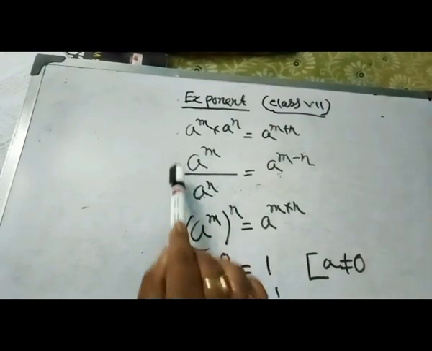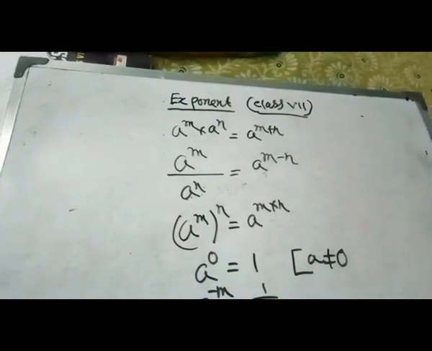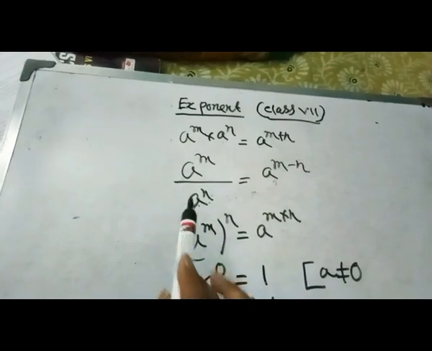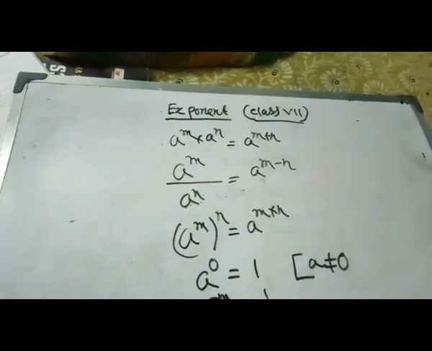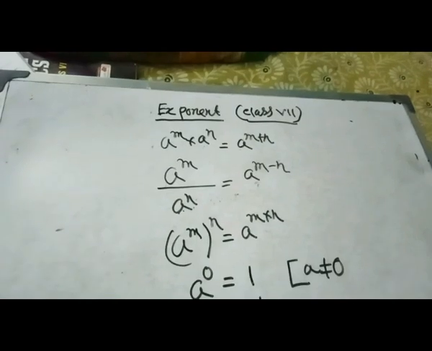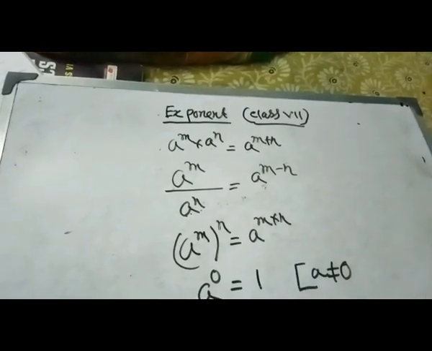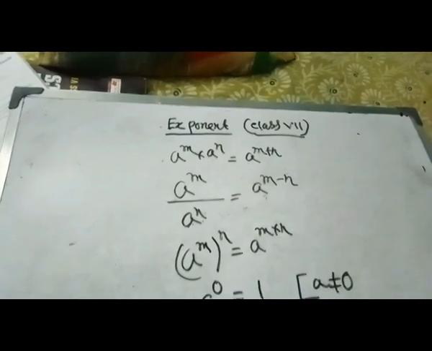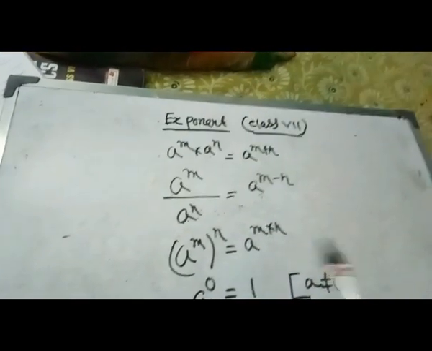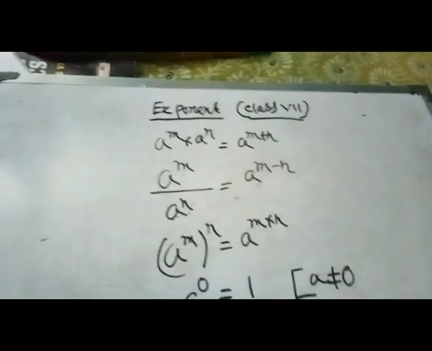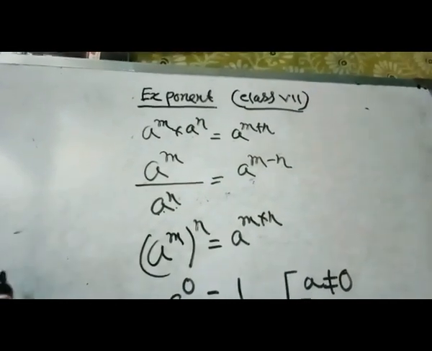a to the power m by a to the power n. Here how much is coming? Now, a to the power m by a to the power n is a form of division. Whenever you observe that in division both the bases are equal, at that time you have to subtract the powers.